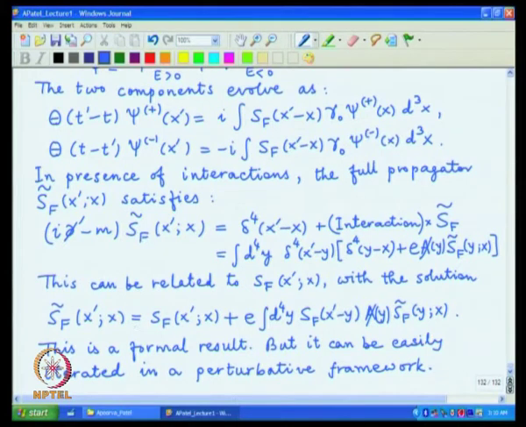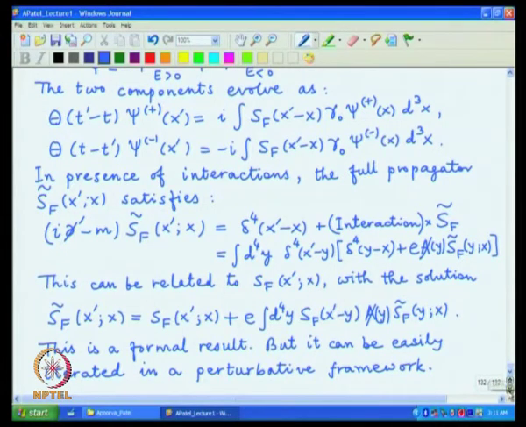At the next order, S f tilde is equal to S f plus e integral S f a slash another S f, that is the next order. Then you take that whole expression, again substitute on the right hand side in place of S f tilde, and you get an expression which is correct to second order, and so on and so forth. This is now a general solution for a propagator in presence of interaction.